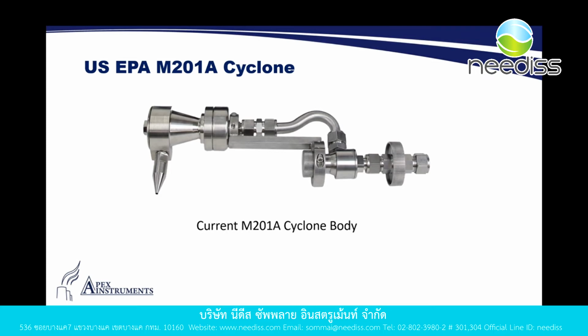This is our Method 201A Cyclone. This was the device we saw at the front of our traditional isokinetic sampling system. This is the combination of both our PM10 and our PM2.5 cyclones.